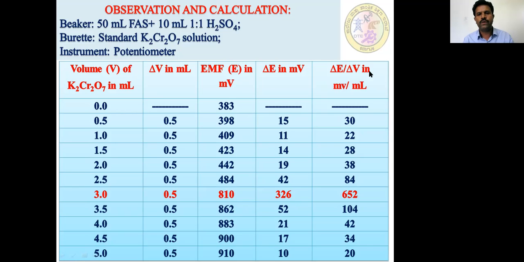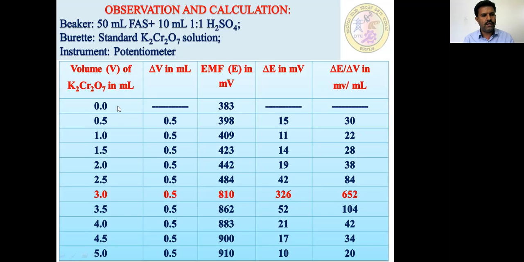And the last column is delta E divided by delta V. So let's assume before addition of potassium dichromate solution, we observed the EMF in our instrument that is 383 millivolts.